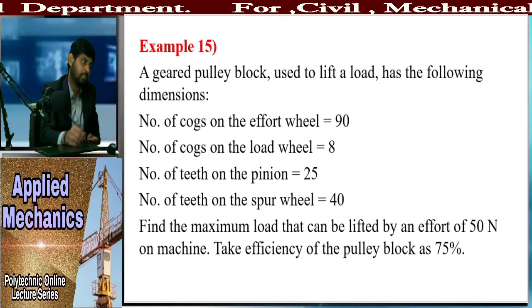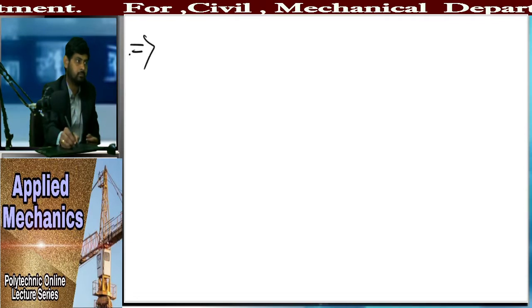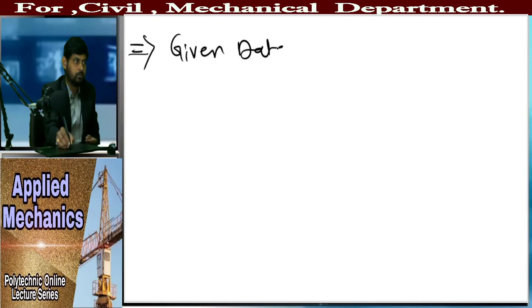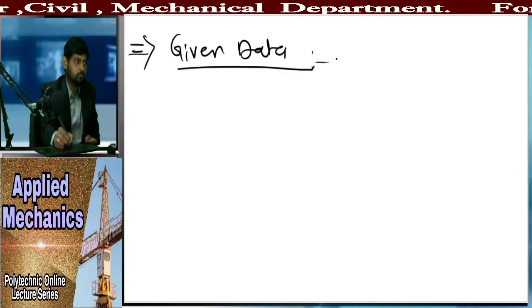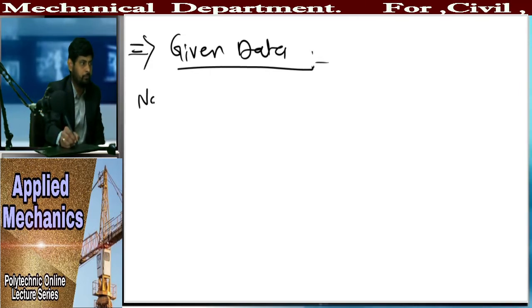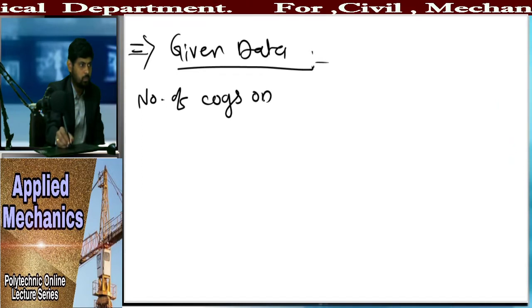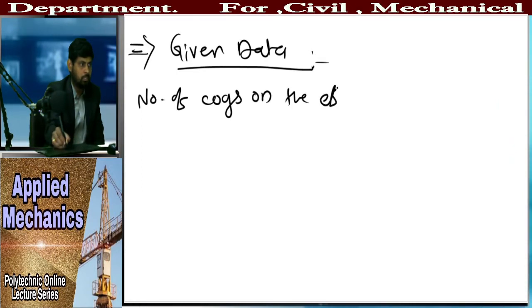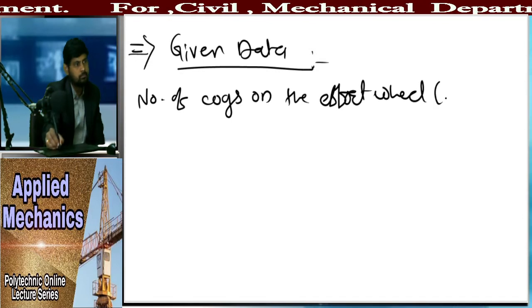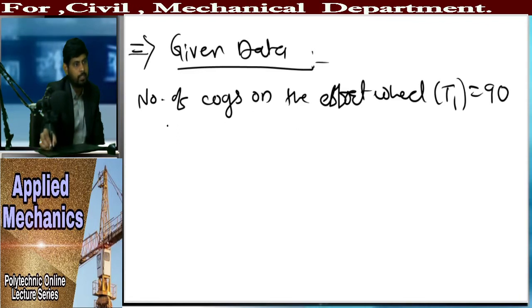So first thing we have to do is find out the given data. So what is the given data? The number of cogs on the effort wheel is given to us, that is T1 is equal to 90.